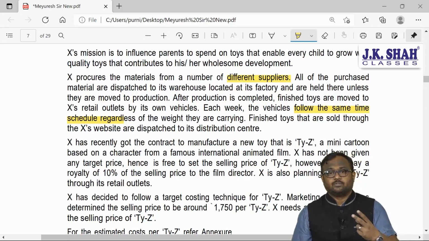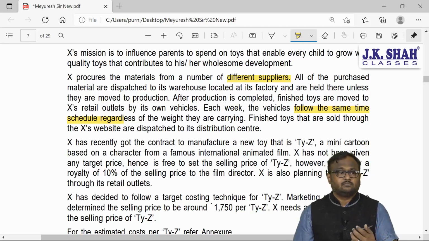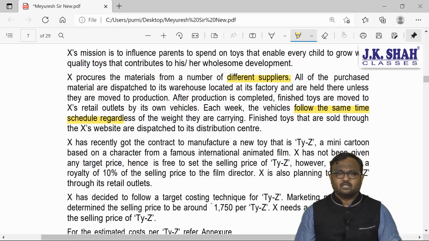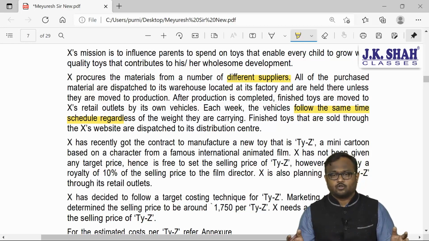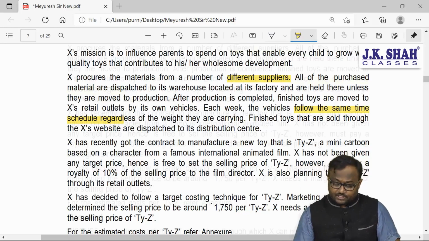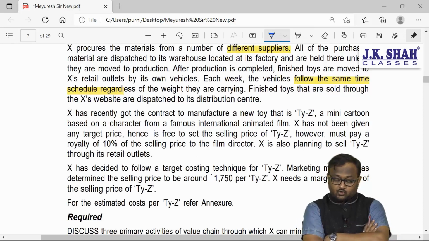If there are 2 trips scheduled in a day, and if my first trip is hardly 50% occupied, 50% capacity, that means I'm wasting time, no? Rather, I should be waiting till the truck or the lorry gets completely loaded to its full capacity, and then I should dispatch it. This leads to wastage. Finished toys are sold through X's website and are dispatched to its distribution center.